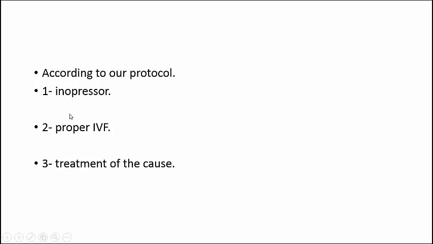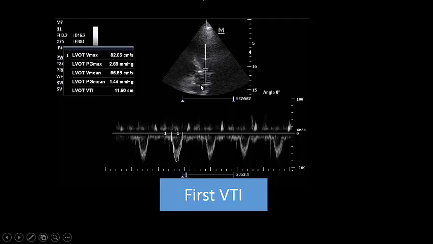Let us see. According to our protocol, we usually assess the VTI at the beginning, which is 11.6. This VTI is a surrogate of stroke volume. We keep giving blood and IV fluids as long as this VTI is increasing by 12 to 15%.